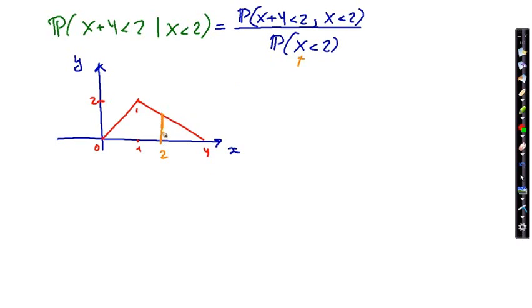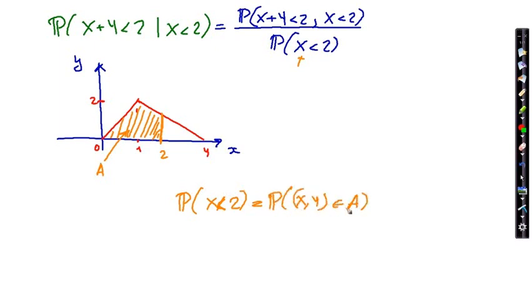So x less than 2 is this portion. If I denote this by A, say again, the probability that x is less than 2 is the same as the probability that my point xy is in that A.